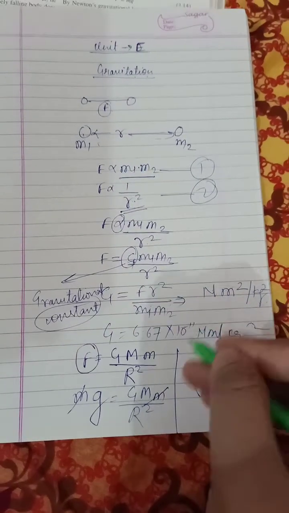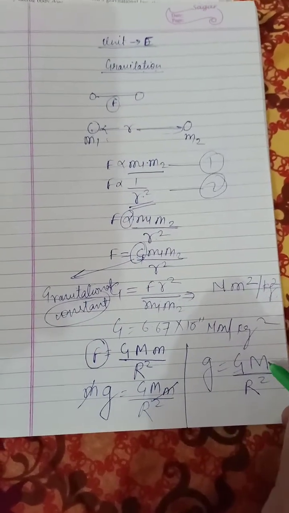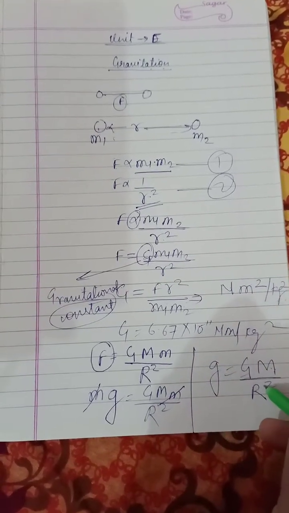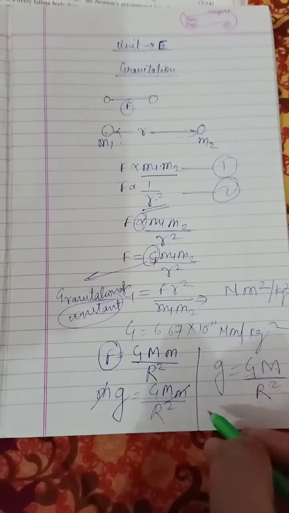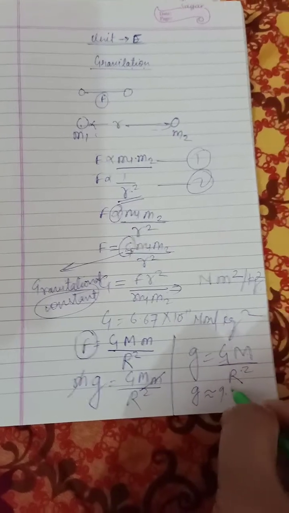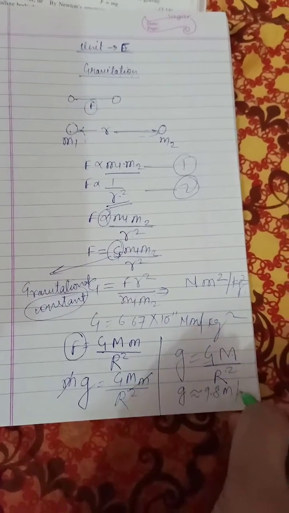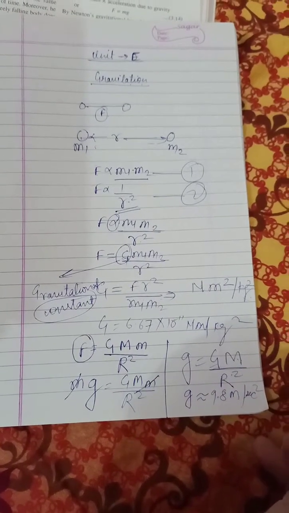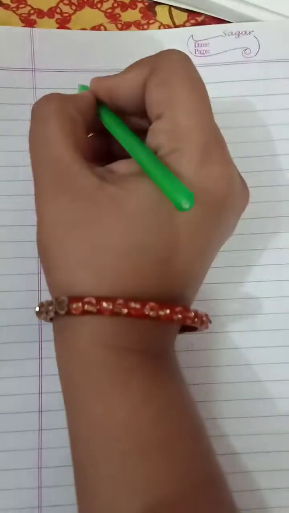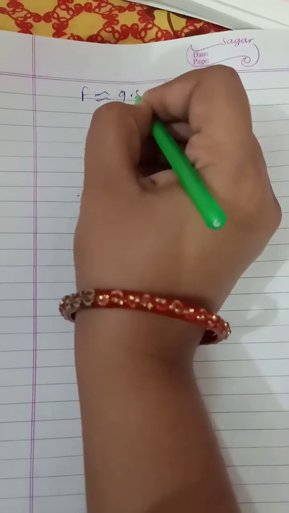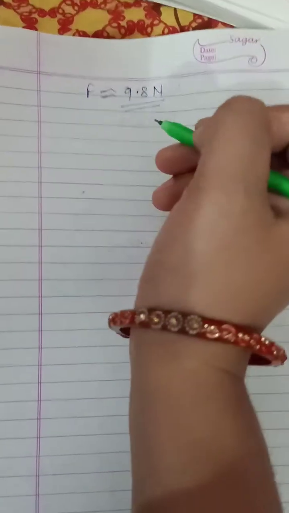When we put the mass of the earth, 5.96 into 10 raised to power 24, and the radius of the earth, 6.37 into 10 raised to power 6, we see that gravity is approximately 9.8 meter per second square, and the gravitational force F will be approximately 9.8 Newton.